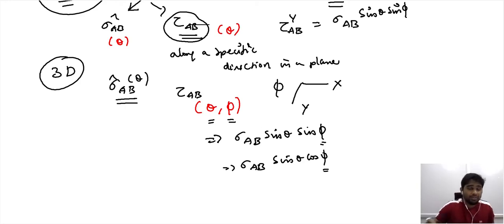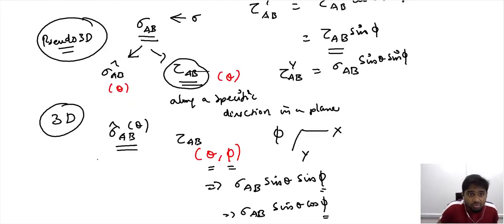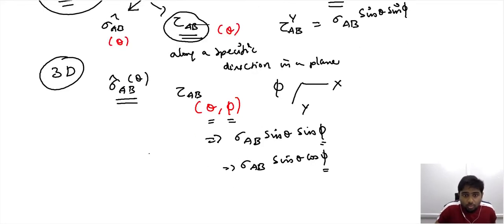So when we are considering a pseudo three-dimensional setup, we just have one normal component of stress and one shear component of stress. However, when you extend your understanding to a three-dimensional case, the one normal component remains the same, undisturbed, but now we have two shear stress components.